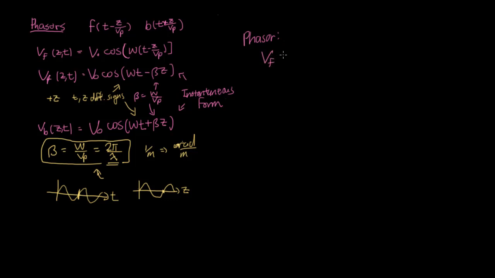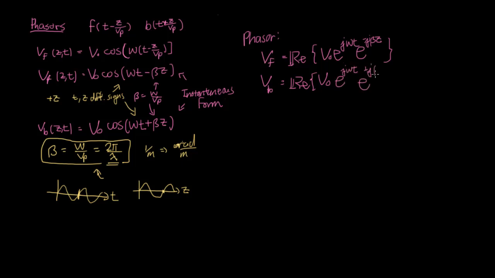So Vf is going to be the real part, if we apply Euler's rule, of V naught e to the j omega t, e to the minus j beta z. And the backward propagating wave is going to be the real part of V naught e to the j omega t, e to the plus j beta z.